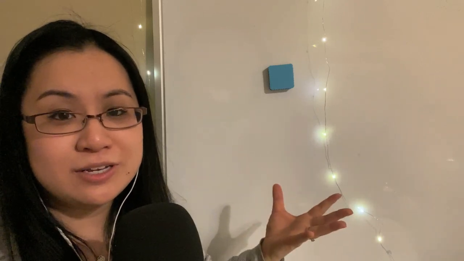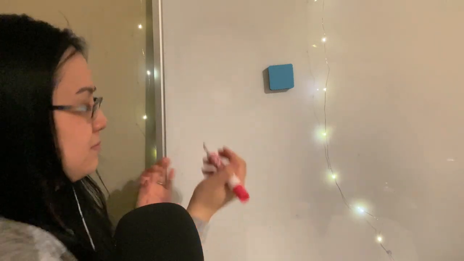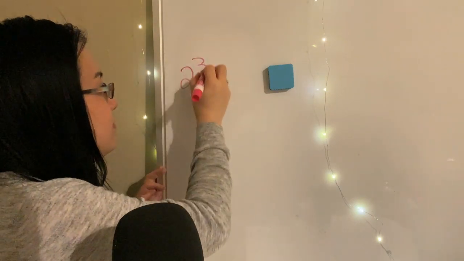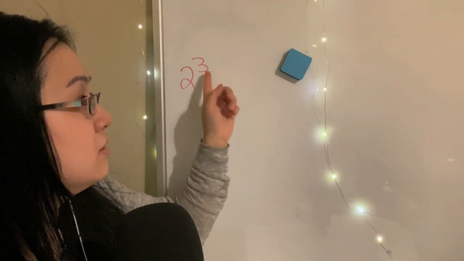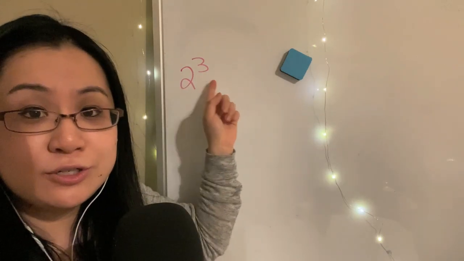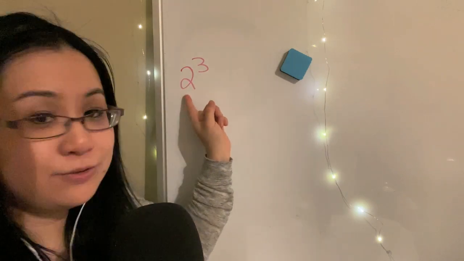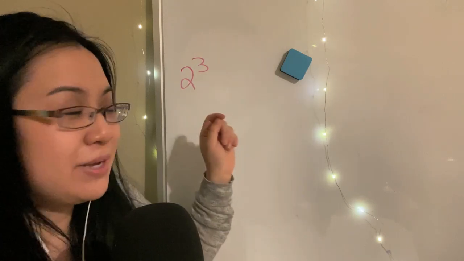So let's start by briefly reviewing the basic idea of exponents, so the typical case, okay? So let's start with 2 to the power of 3. Okay, so we have a 2 in the base, 3 in the top, the exponent. 2 to the third power, 2 cubed, 2 raised to the third power.